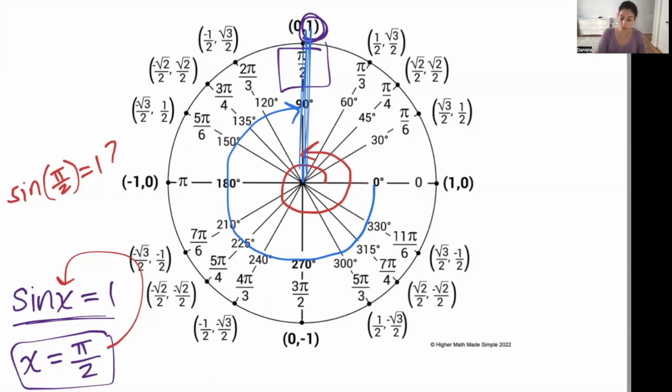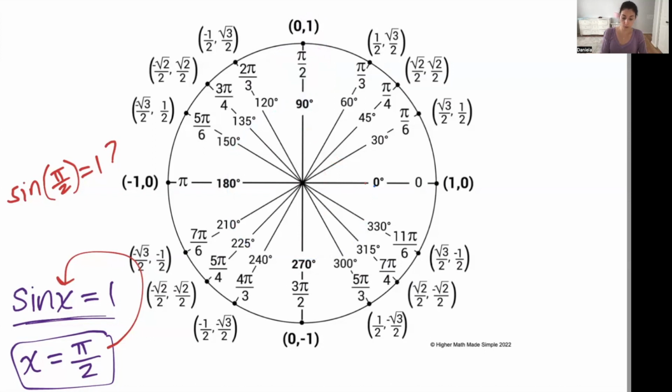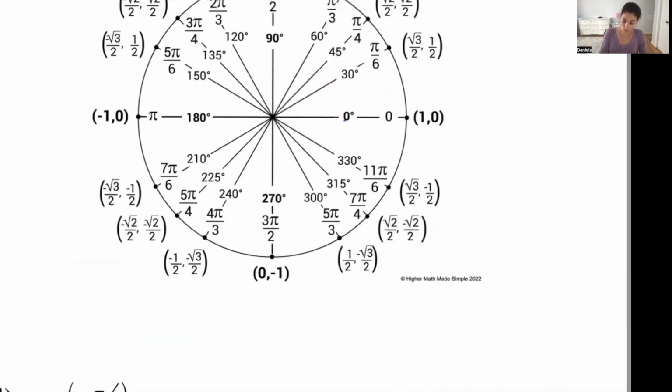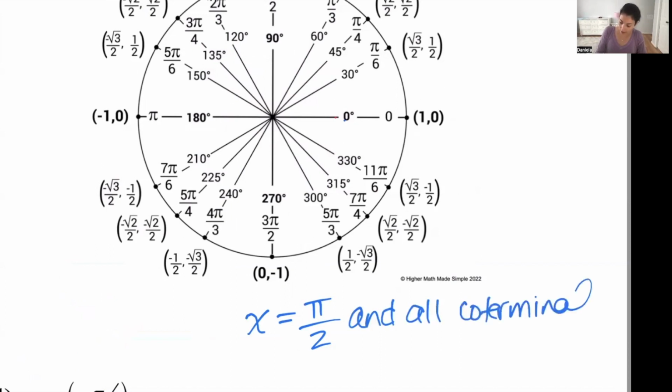So how do I write pi over 2 and all the coterminal angles in math language? We would do that the following way. We are going to write x is equal to pi over 2, and all the coterminal angles. Okay, so how do we write this?